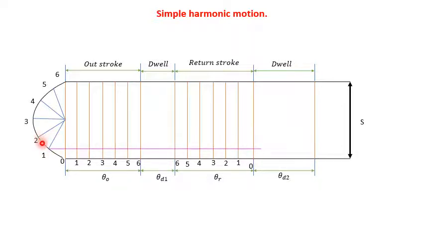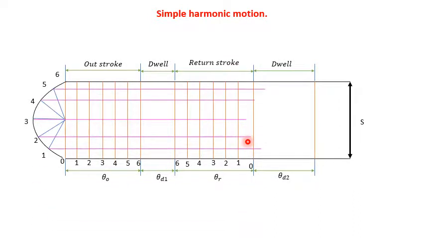Similarly, from number 2, draw a line. Similarly from 3, from 4, and from 5. So from each part we have to draw a line, till it reaches the return stroke.